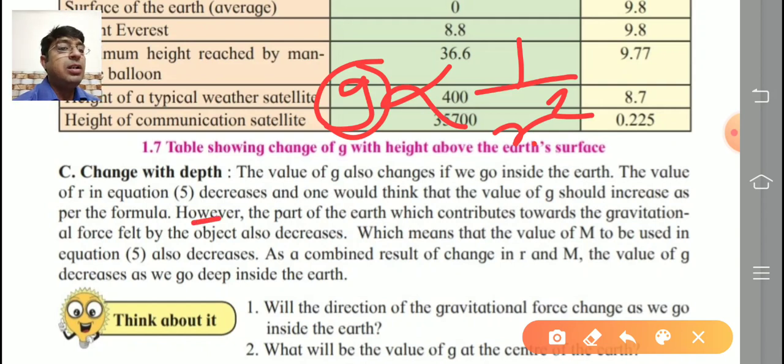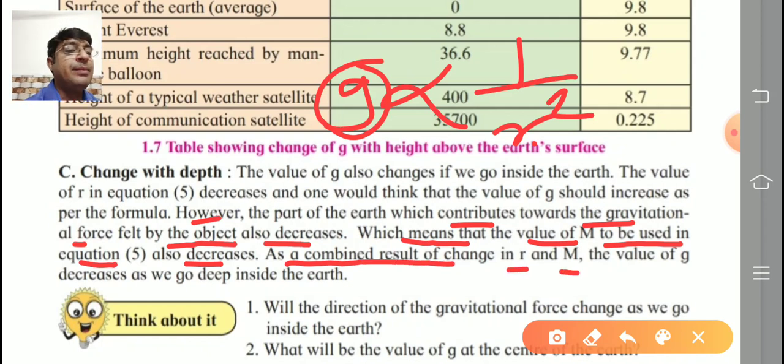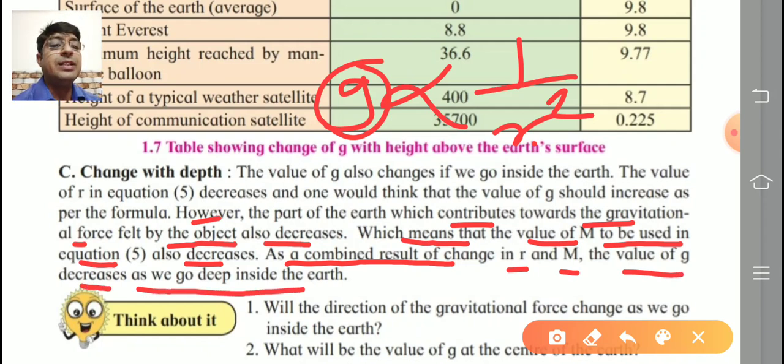However, the part of the earth which contributes towards the gravitational force felt by the object also decreases, which means that the value of capital M to be used in equation number 5 decreases. As a combined result of a change in the value of R and M, value of g decreases as we go deep inside the earth.